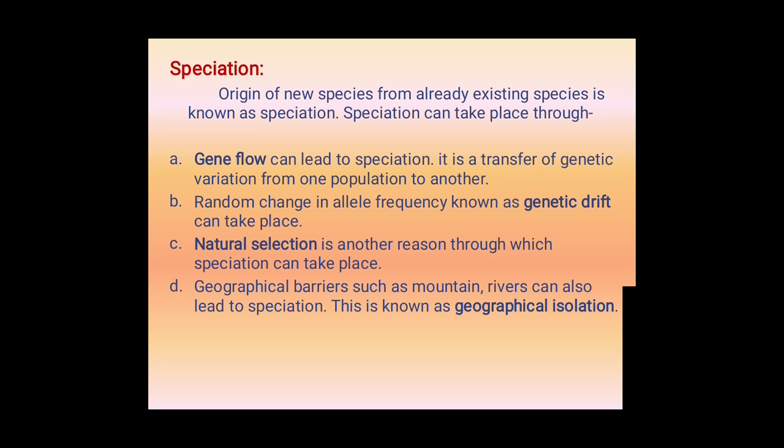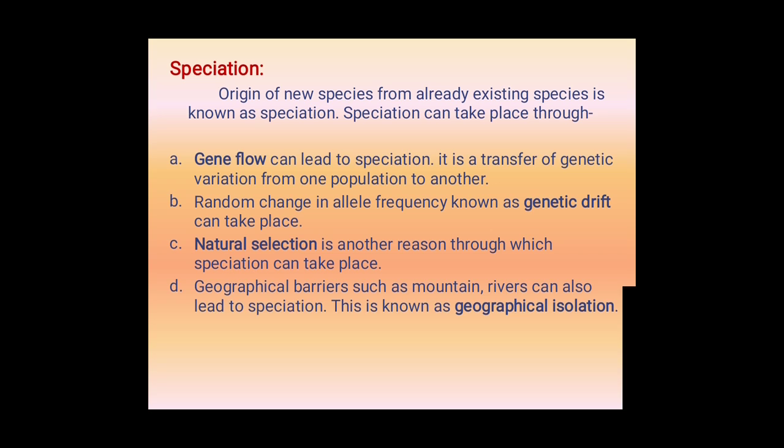It is a transfer of genetic variation from one population to another population. Here some genes flow from one population to another by the reproduction process. During that process, some characters are transferred from one population to another, which produces new organisms or new species.